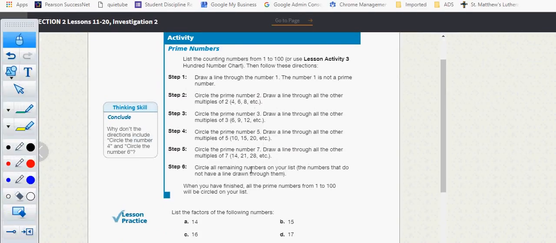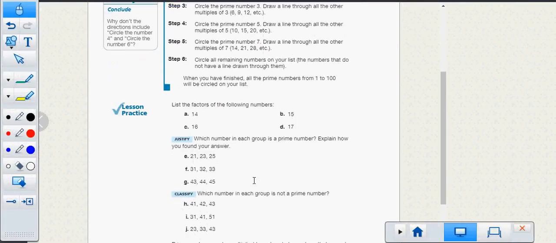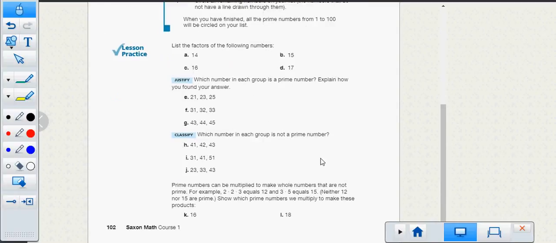And we'll just work through what we just did, and then you'll end up with a prime number chart. Anything that's not crossed out is a prime number, and those will be useful for the future for factorization and such. So you have to make sure you know what a factor is.